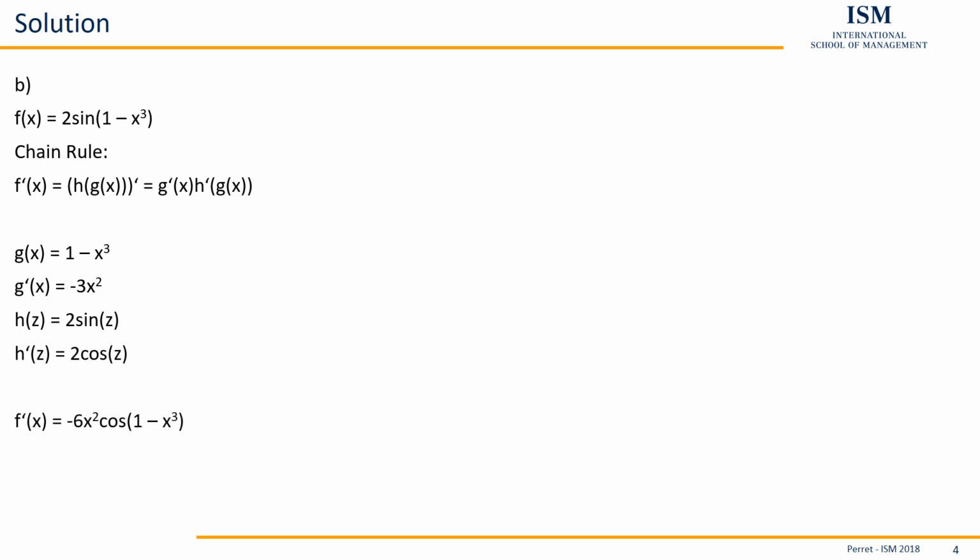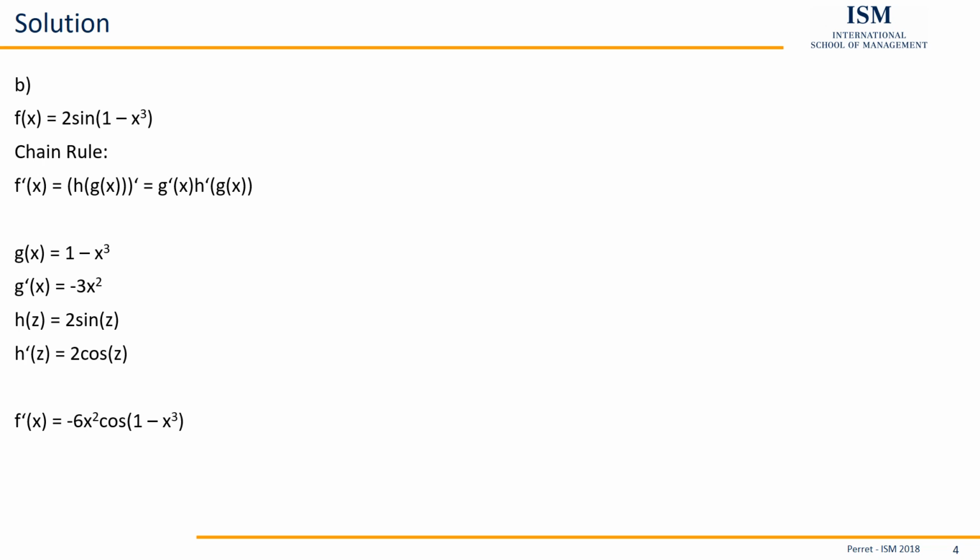So first off, we have the minus 3x squared times 2 times cosinus of 1 minus x to the power of 3, and the minus 3x squared times 2, that's just summarized here to minus 6x squared. Well, this then also already finishes part 2.